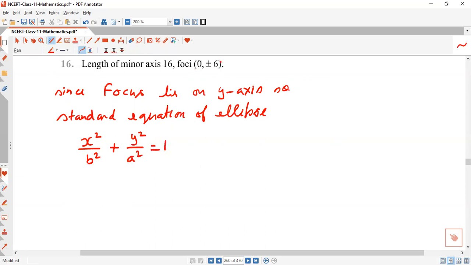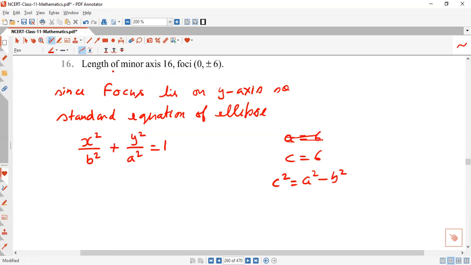And the value of a here is what? Here the focus is, you see, c is equal to 6. So you know c is equal to 6 is given to you, and you know c square equal to what? a square minus b square.